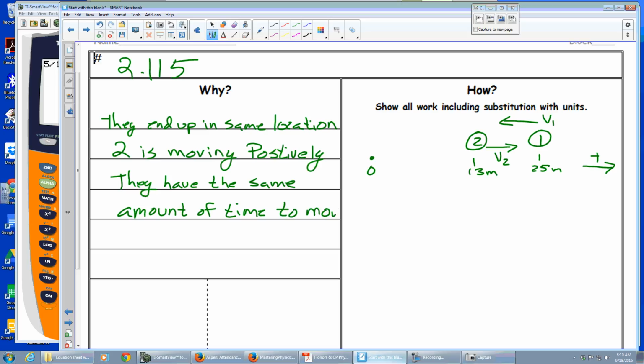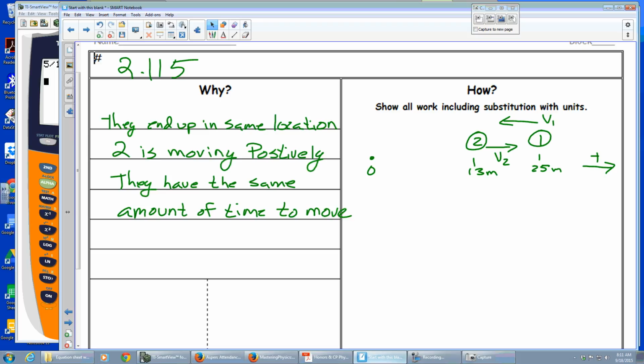Not only do they move to the same place, same location, but they have the exact same amount of time to move. It's not like one goes and then 2. They're moving for the same exact amount of time. That's probably enough for my why in that one.